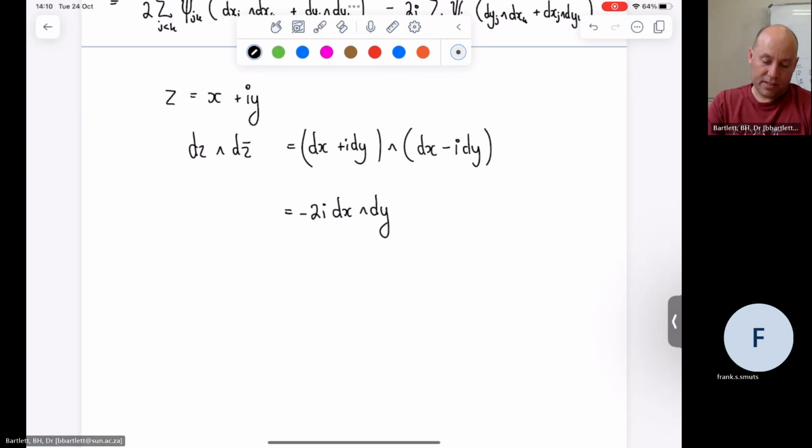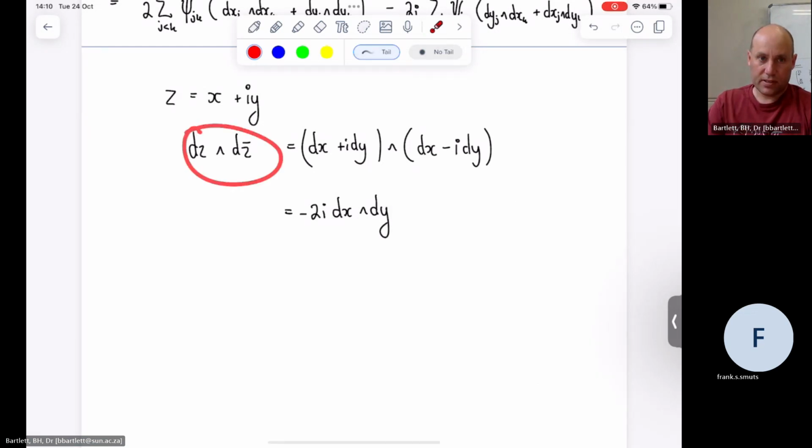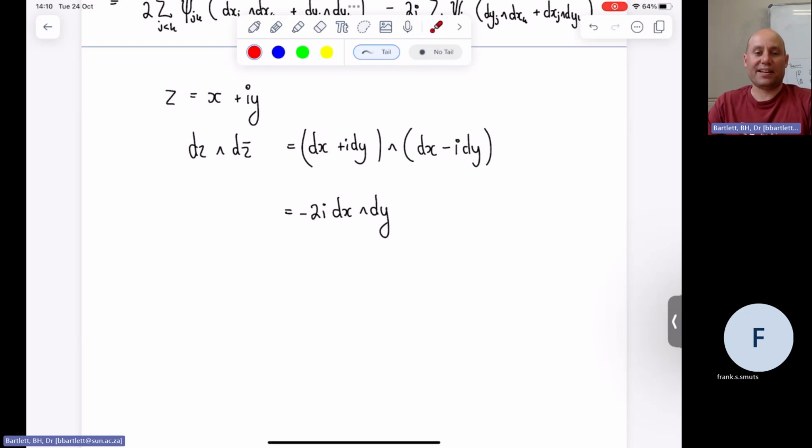Okay, so whenever you see this expression, don't be afraid. It really just stands for this expression.